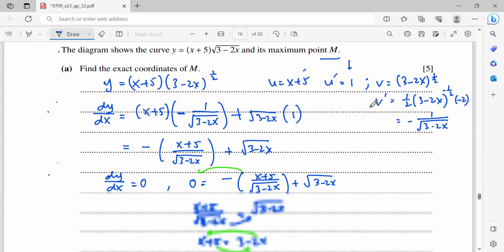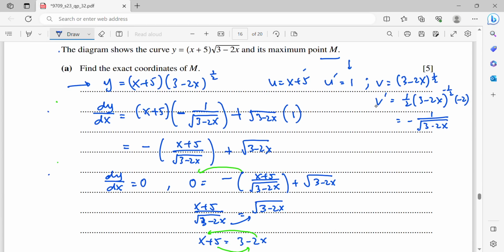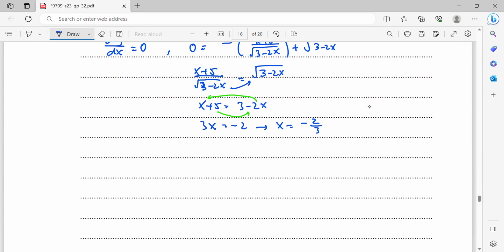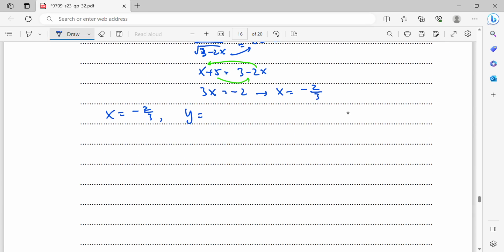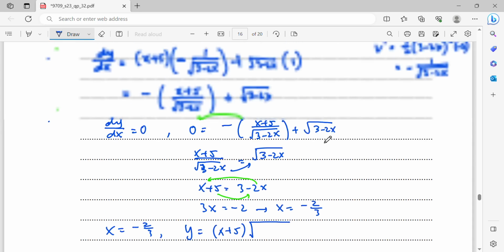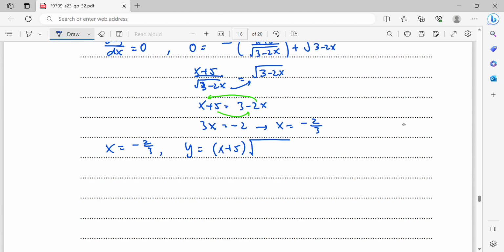So with the x found, then to get the y coordinate, just substitute back into the curve equation. So now, when x equals negative 2 over 3, my y is x plus 5 multiplied with square root of 3 minus 2x.